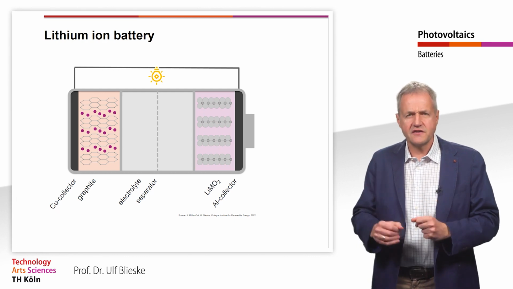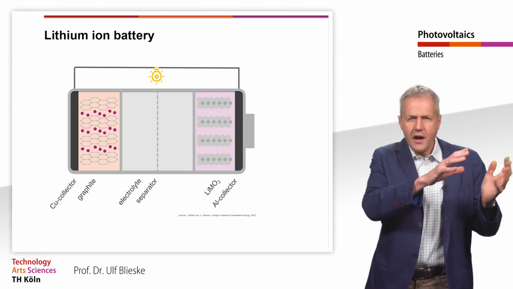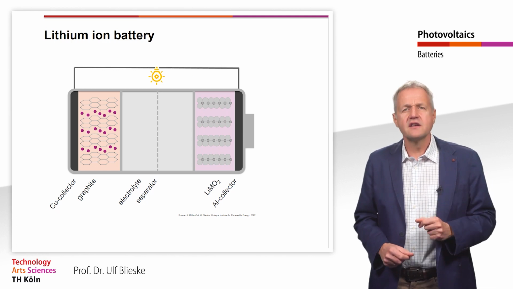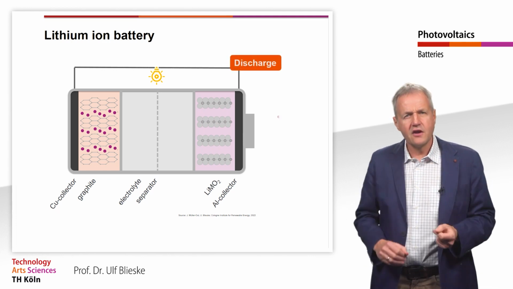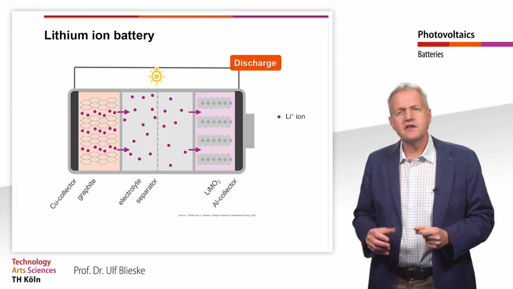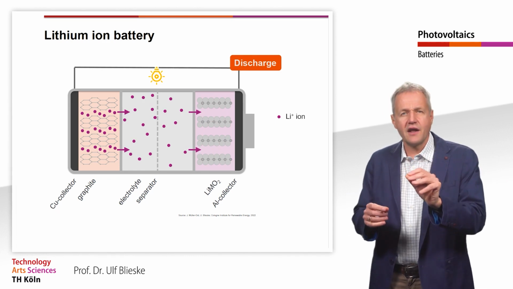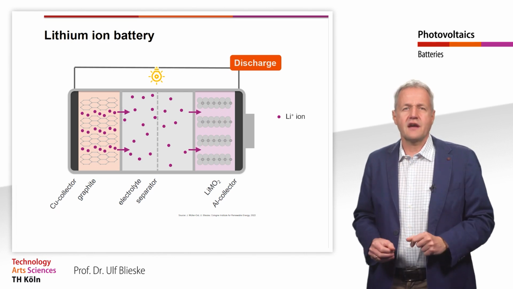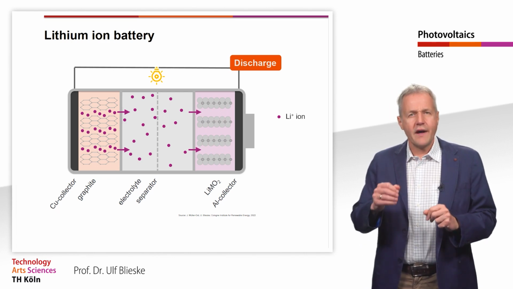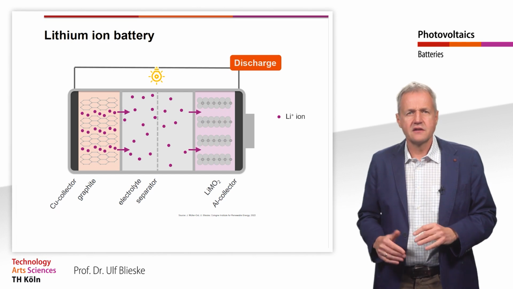In the charged state, many lithium ions are embedded in the graphite layers. During discharge, lithium ions migrate from the anode through the electrolyte and separator to the cathode, where they are intercalated.